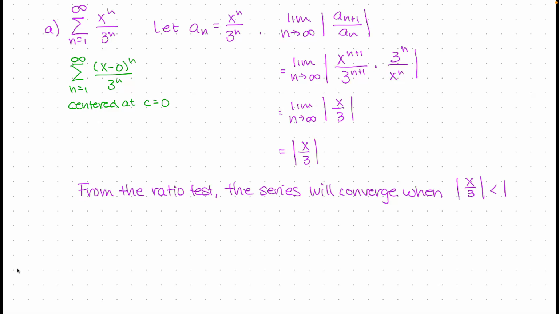So this is centered at c equals 0. So going down here, think of this as the absolute value of x minus 0 over 3 is less than 1. And then we know that negative 3 is less than x minus 0 is less than 3.